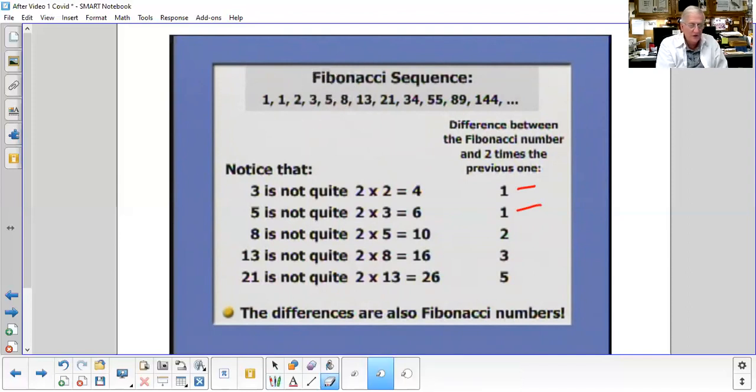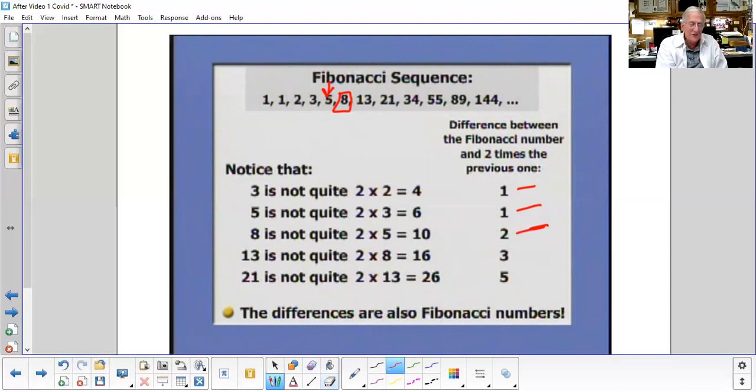If I go to the number 5, and I double it, notice I get an 8. Before it was a 5. If I double 5, that's 10. What's 8 taken away from 10? It happens to be 2.